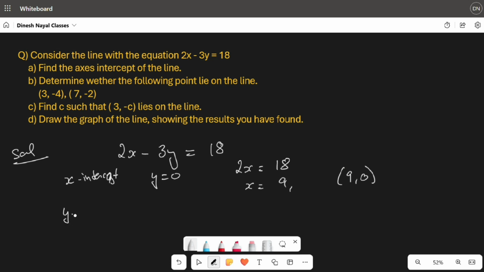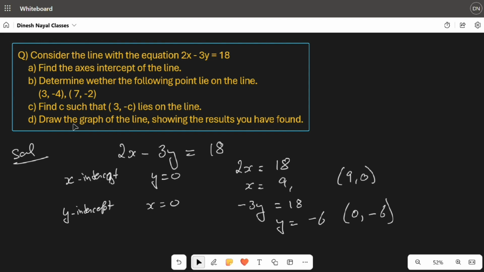And for the y-intercept, put x equals 0. So this will be minus 3y, because the 2x term will be 0. So minus 3y equals 18. That means what is y? Y is 18 by minus 3, that is minus 6. The point will be 0 comma minus 6. Simultaneously I am drawing it, because ultimately they are saying draw the graph of the line.